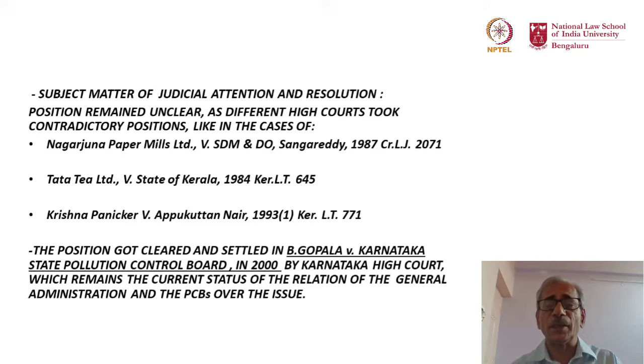And so there was already the Pollution Control Board, which comes into the scene and starts taking charge. The company complains: to whom should we answer? Should we answer the general administration, or should we answer the Pollution Control Board? Whom should we satisfy? Who can pass orders against us? So let this be resolved, and once it is resolved, we will act accordingly. And so the matter goes to the High Court.